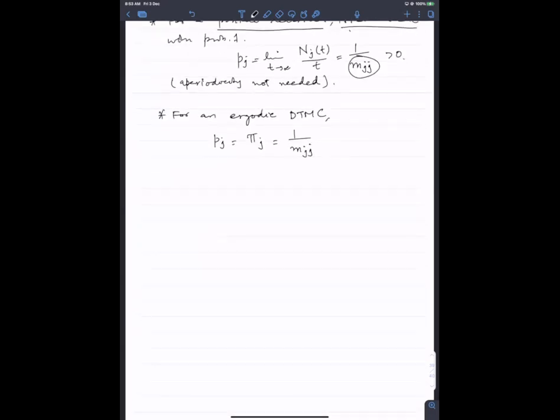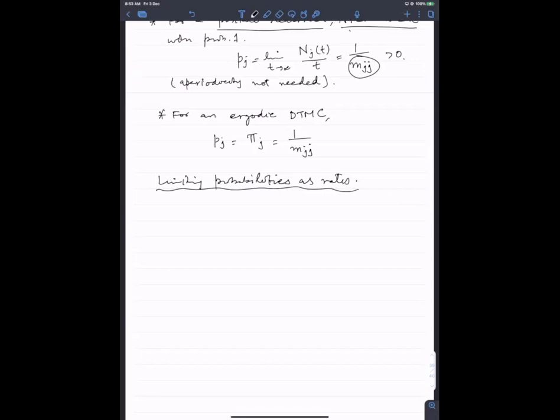So now I'm going to introduce something very interesting: limiting probabilities as rates in Markov chains.